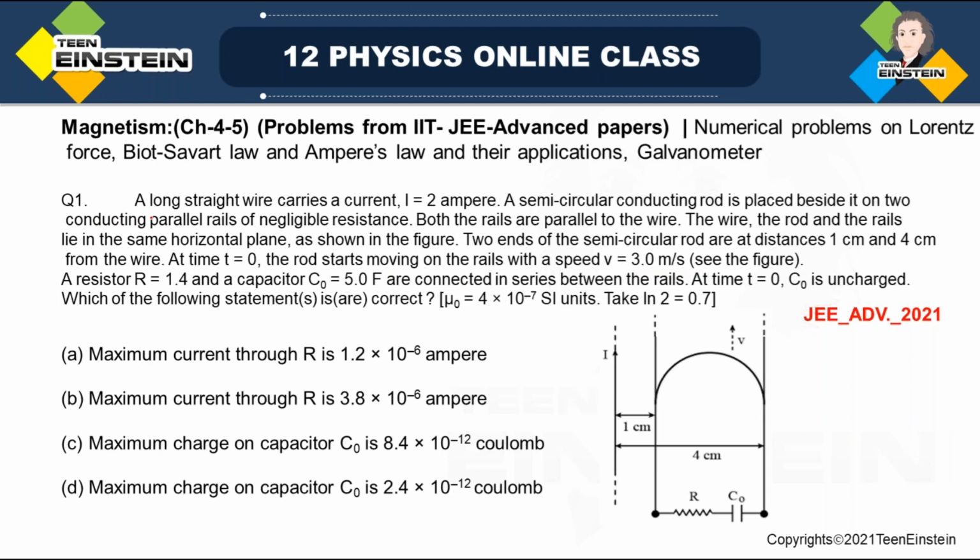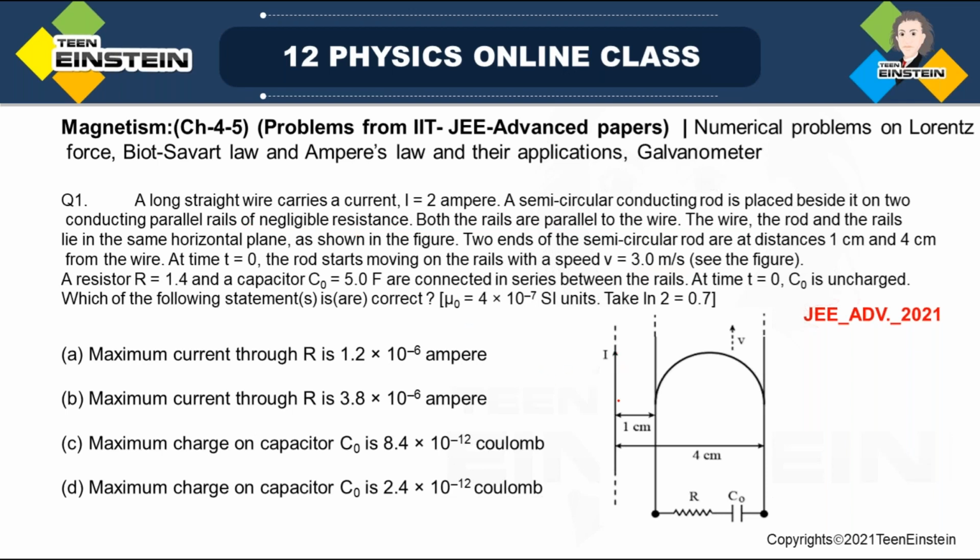This is saying that a long straight wire carrying a current I equal to 2 ampere. As you see, this is a long current carrying wire. A semicircular conducting rod is placed beside it on two conducting parallel rails of negligible resistance.